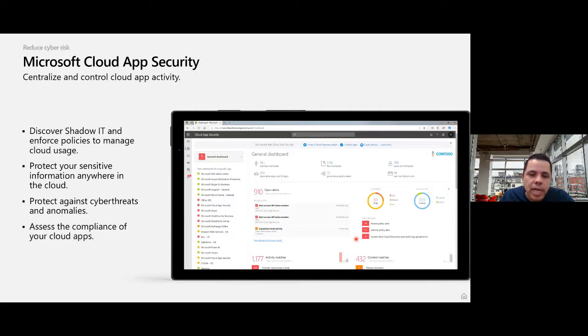AWS is one, ServiceNow, Salesforce, Google's G Suite, to name a few, are applications that Cloud App Security can provide that insight to. It's also able to assess if your cloud apps meet relevant compliance requirements, including regulatory compliance and industry standards. And it prevents data leaks to non-compliant apps and limits access to regulated data.